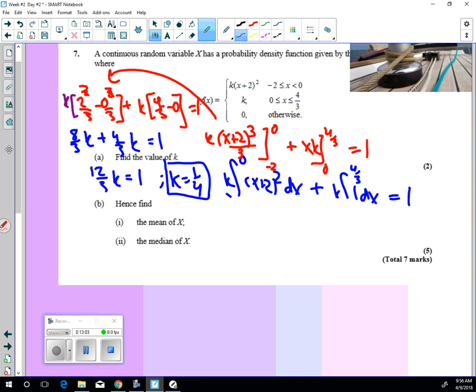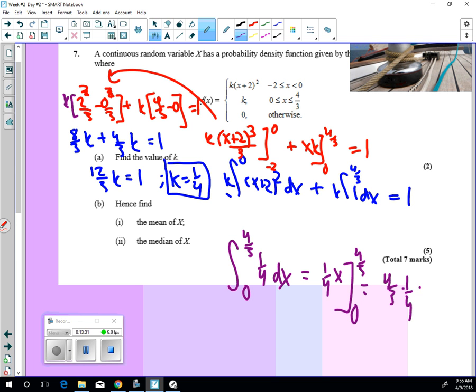For the median, what was the area from 0 to 4/3 of k, which was 1/4, 1/4 dx. What is that area? Well, let's see. It is 1/4 x going from 0 to 4/3, which is 4/3 times 1/4, which is what? 1/3. Are you okay with that?